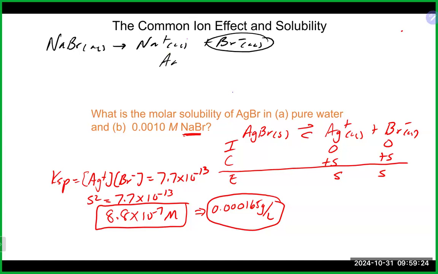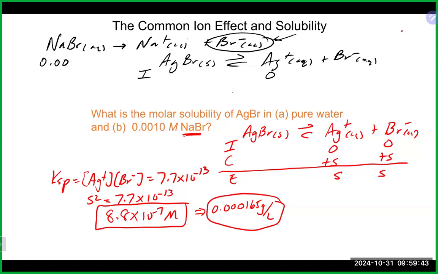So if we did our ICE table again in this situation, initially we would have zero of this, but we would have some bromide contributed by the initial concentration of our sodium bromide, and it would be 0.001.